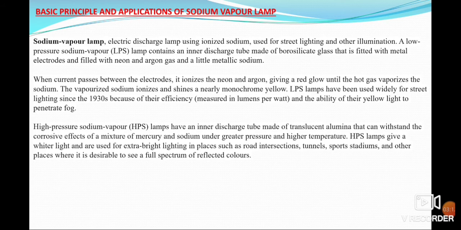Here for high pressure sodium lamps, it gives a whiter light and they are used for extra bright lighting in places such as road intersections, tunnels, sports stadiums and other places where it is desirable to see a full spectrum of reflected colors.